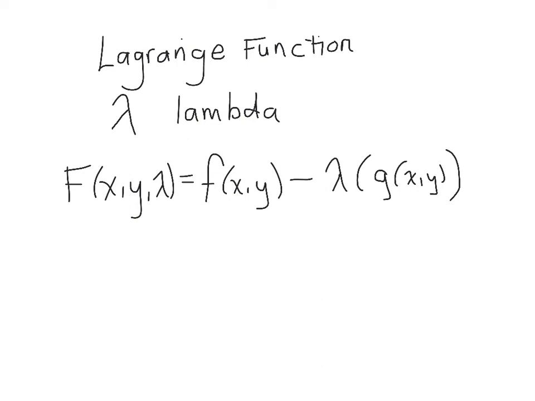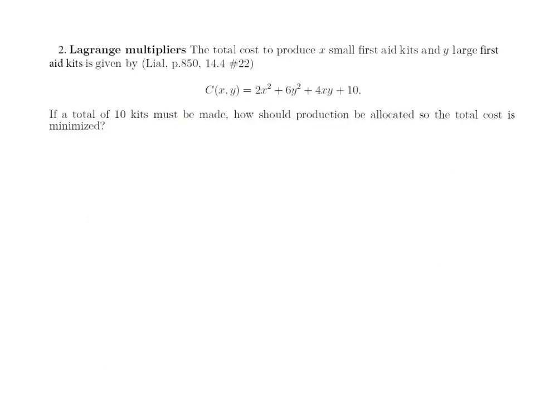The steps we take then are to find the first derivative of that function with respect to the x variable, the first derivative of that function with respect to the y variable, and then we'll be able to solve for values of x and y that will either maximize or minimize this business application depending on what we're asked for. How does a Lagrange function and the Lagrange multiplier actually work in reality?